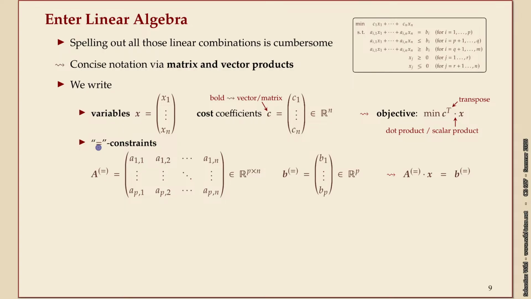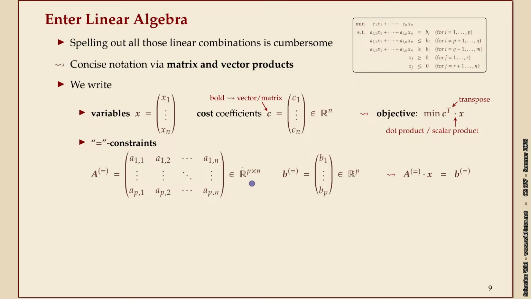We'll come back to the different types of constraints. So you have one big matrix with all the coefficients, and one vector of the right-hand sides. And then you can write the constraints as the coefficient matrix times the vector of variables equals the right-hand sides. That's expressing the same as this line where we iterated for i from 1 to p. So you should imagine p copies of that.